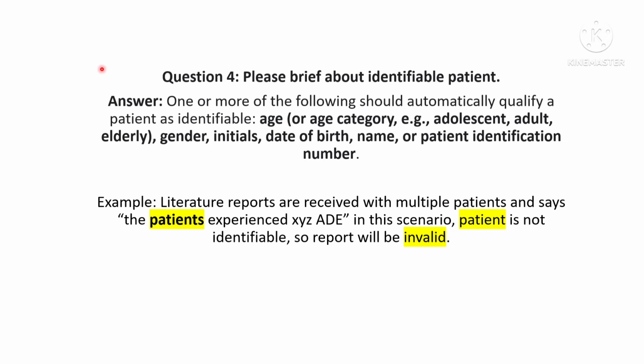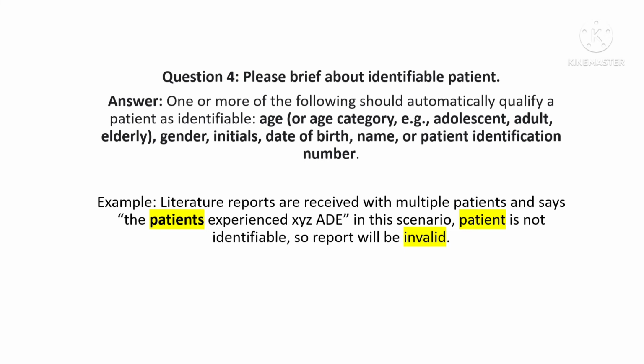One or more of the following automatically qualifies a patient as identifiable: age or age category, such as adult or elderly, and other than age, gender, initials, date of birth, name or identification number. If any of this information is reported, it means the patient is reported and the case becomes valid. So patient validity is fulfilled here.